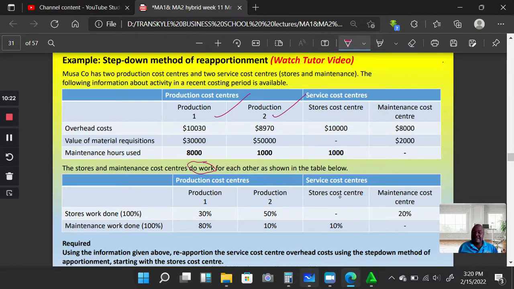For example, the stores cost center is giving 30% of its services to production 1 cost center and 50% of its services to production 2 cost center, and then lastly to the maintenance cost center itself for 20%. Likewise, the maintenance cost center is giving the stores cost center 10% of its services, 10% to production 2, and 80% to production 1.